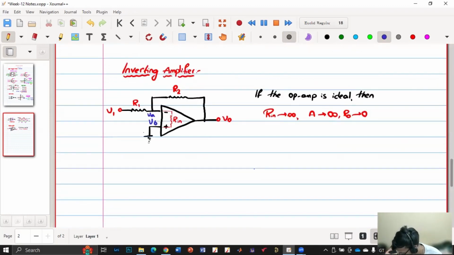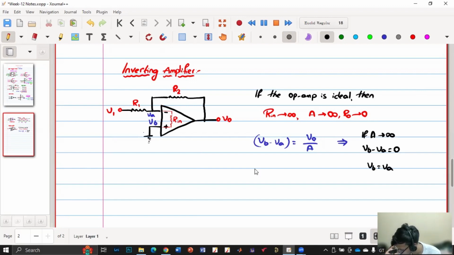So I will get VB minus VA is nothing but V naught by A. And if A is tending to infinite, then I'll get VB minus VA equals 0 and VB equal to VA, as if they're shorted.